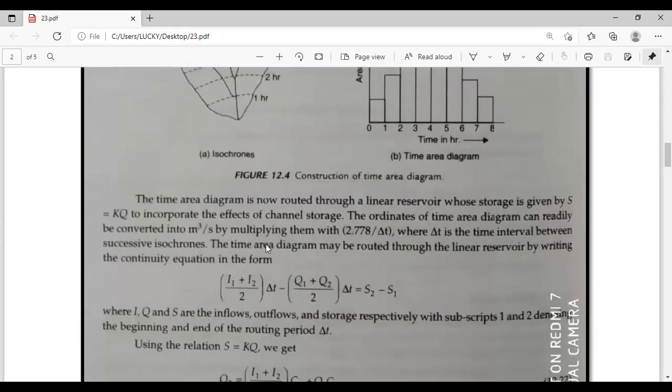Here, the time-area diagram is now routed through a linear reservoir where storage is given by S = KQ, to incorporate the effects of channel storage.